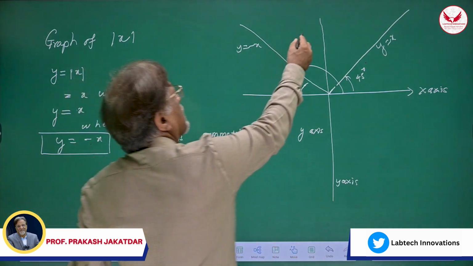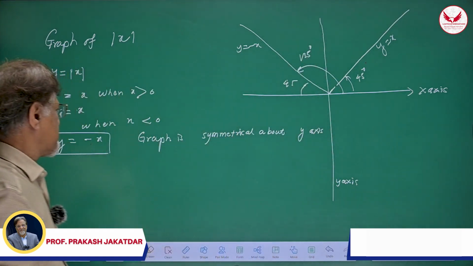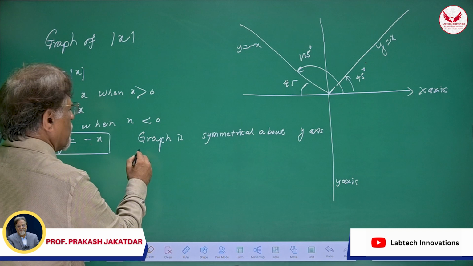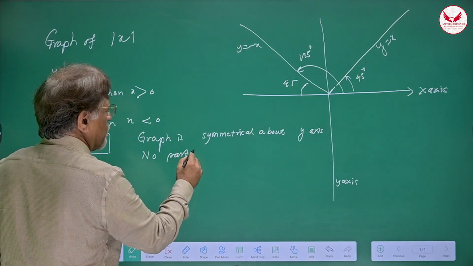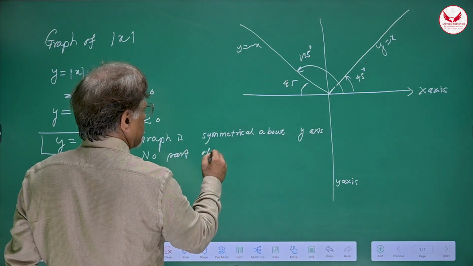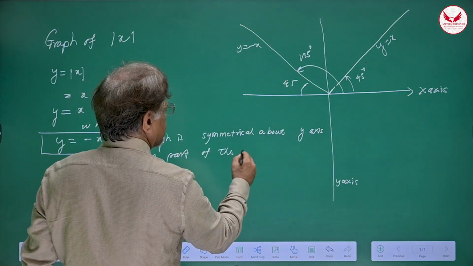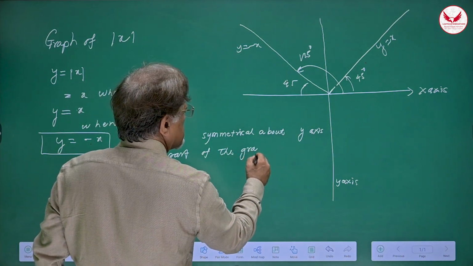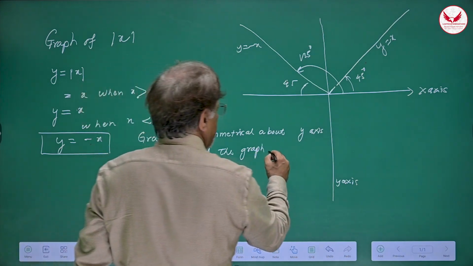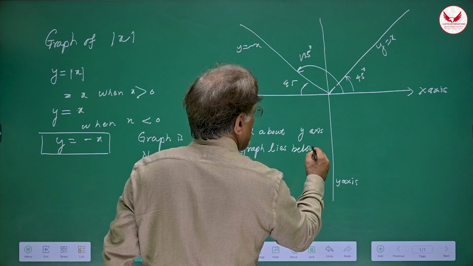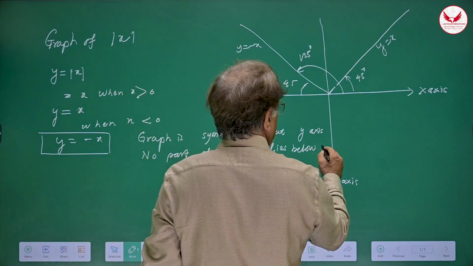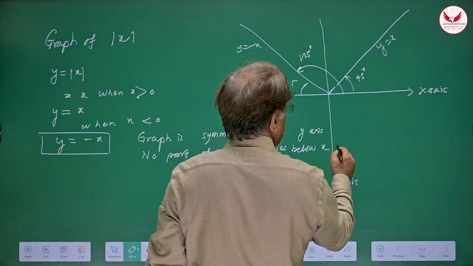If you hold a mirror along the y-axis, graph is symmetric. Then no part of the graph lies below x-axis.